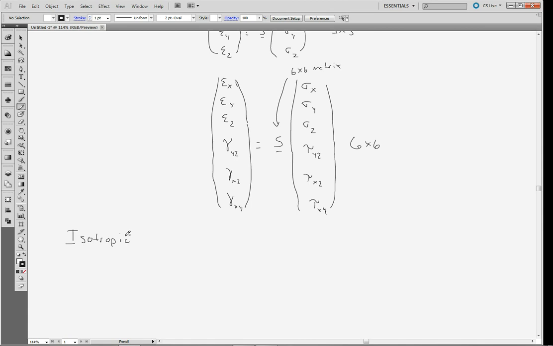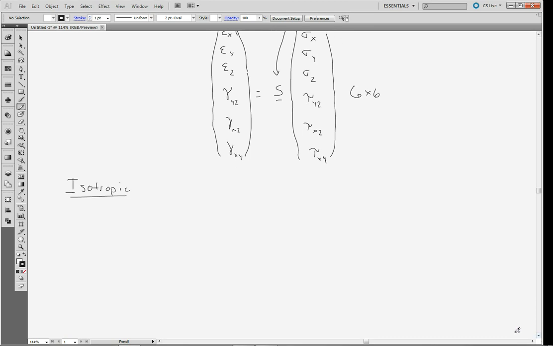So, what is meant by isotropic materials? First, we'll start off with our material property matrix S. The items that appear in the material property matrix are a function of the elastic modulus, the Poisson's ratio, and we can even say the shear modulus.